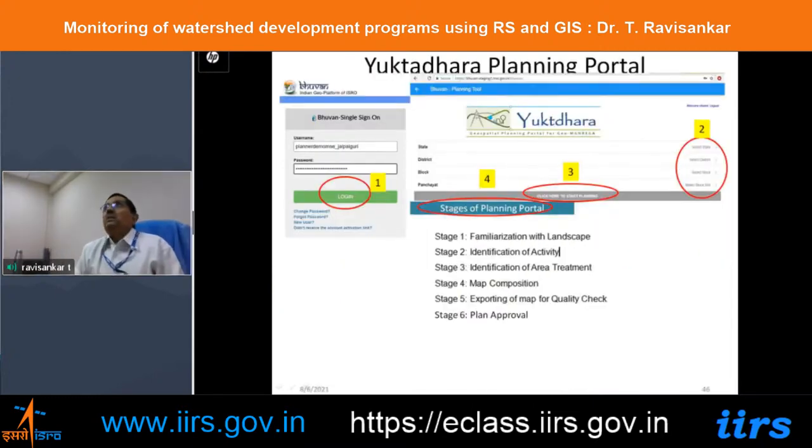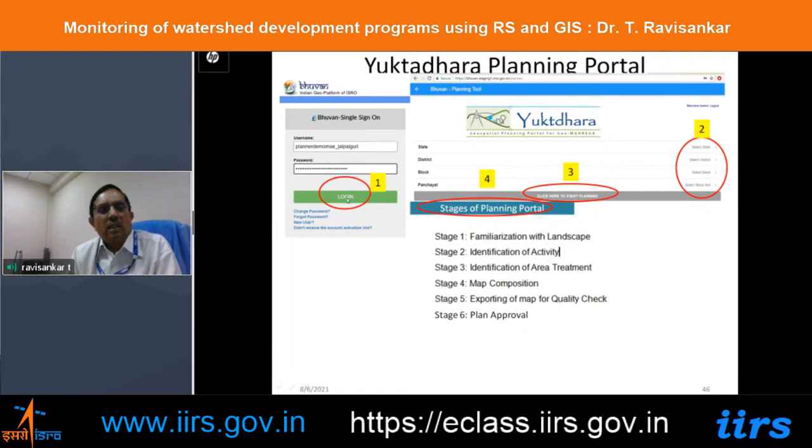Then I am coming to the last point. After going through all this over a period of 3 to 4 years, we thought, why don't we develop a planning portal for planning the Manrega activities at the behest of DoRD. And this is a planning portal called Yuktadhara.